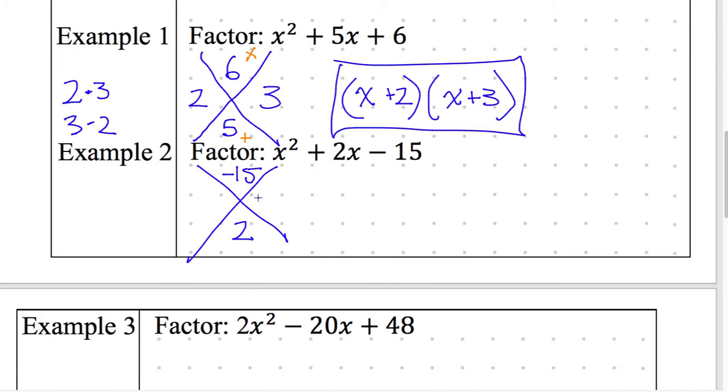One of them should be positive, one of them should be negative. I see 2 hands. What 2 numbers multiply to negative 15 and add to 2? Jose. Negative 3 and 5. There it is. And I could have written 5 and negative 3. It doesn't matter the order again. Thank you, Jose.